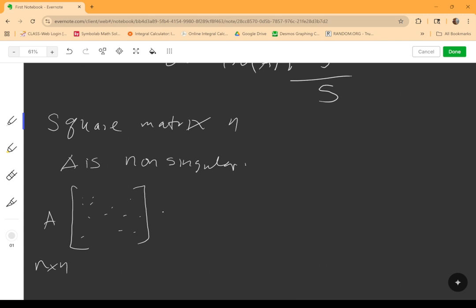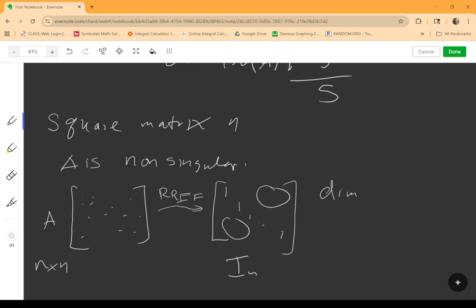If it is non-singular, that means that when I reduce to row echelon form, this reduces to the identity matrix, I_n. In other words, what that's telling me is that I have n linearly independent columns, so the dimension of the column space of A would be equal to n.